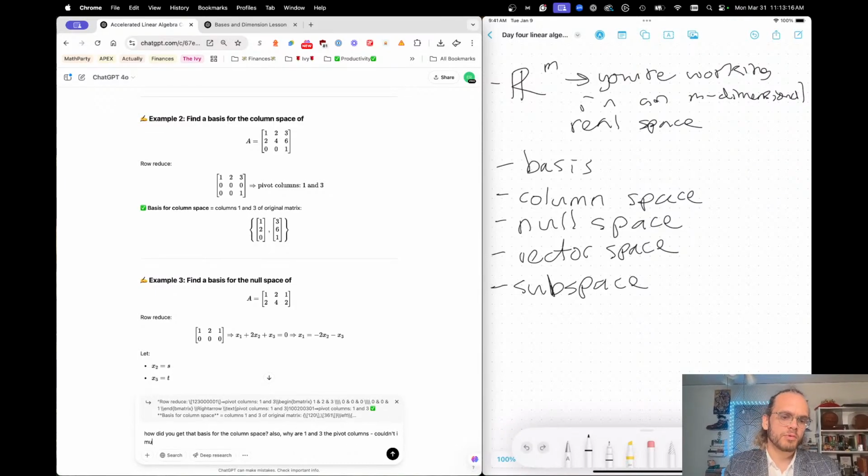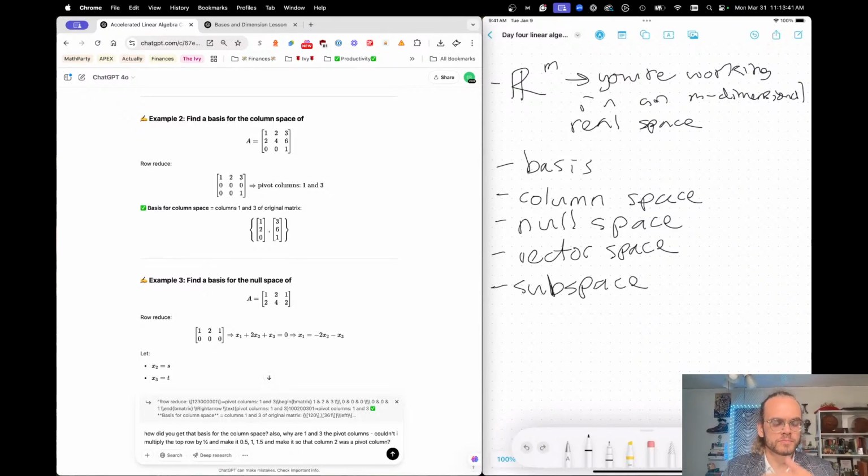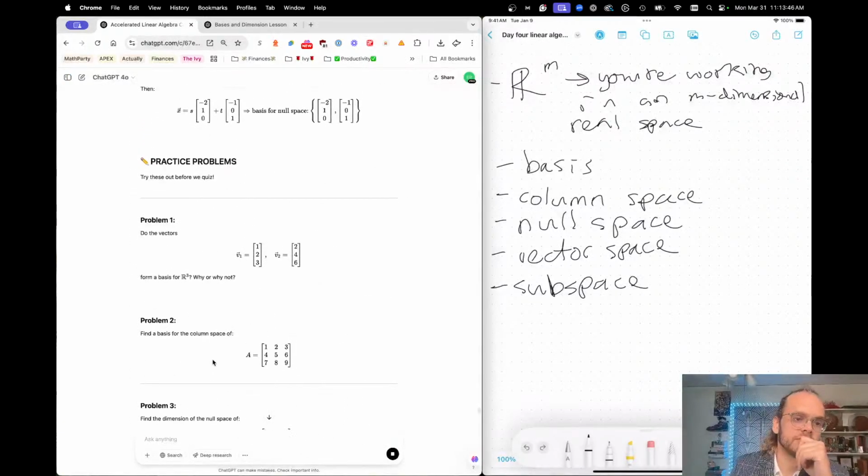Couldn't I multiply the top row by 1/2 and make it 0.5, 1, 1.5, and make that into, and make it so that column 2 All right, already spamming it with questions.